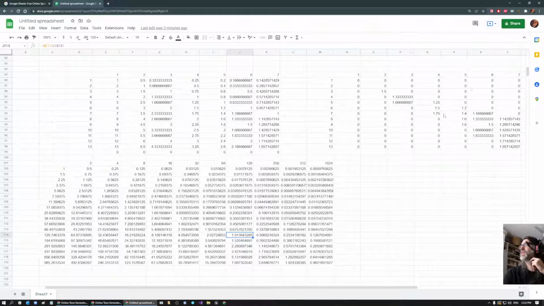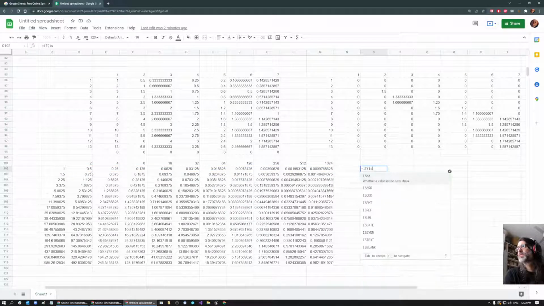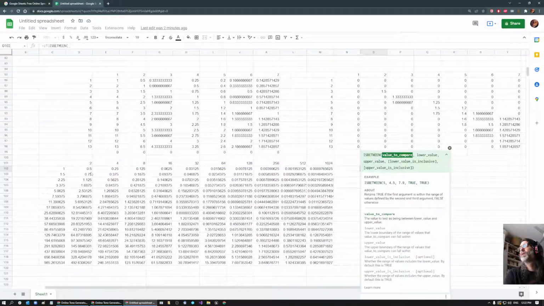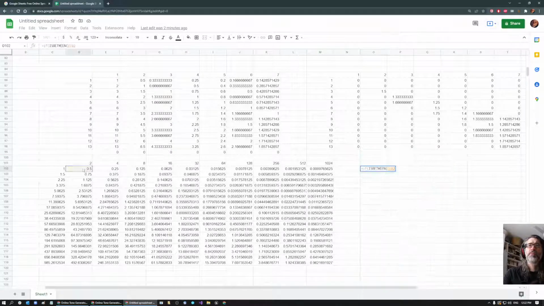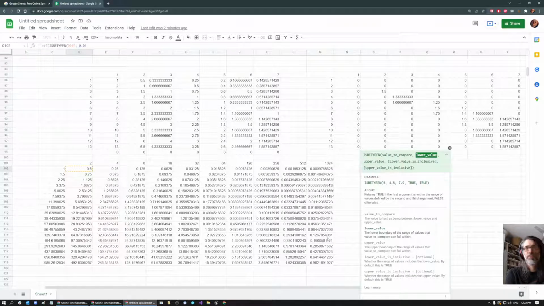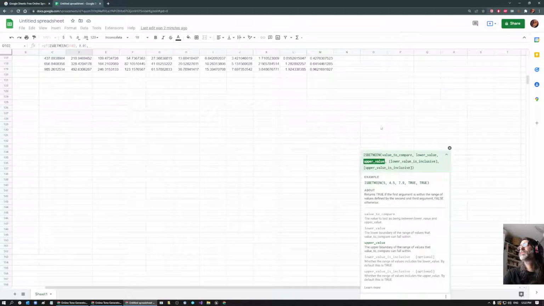So I'm going to do the same trick that I did here first, just to see the numbers that are interesting in here. So I'm going to do something like equal if is between this number between 0.01 and, you can't see what I'm doing.